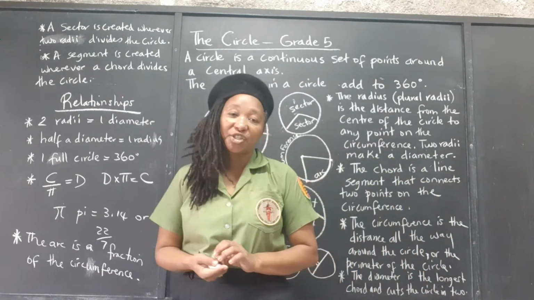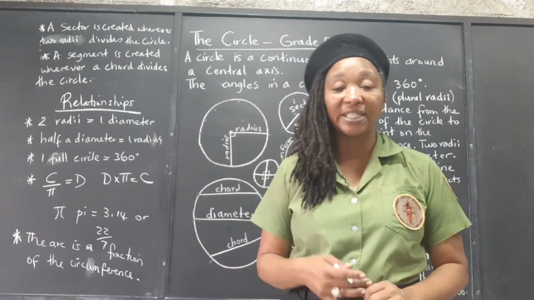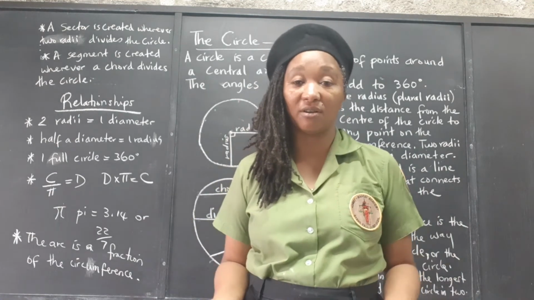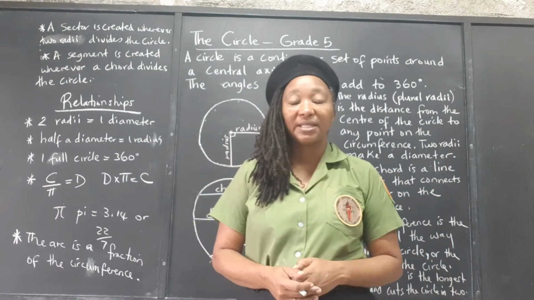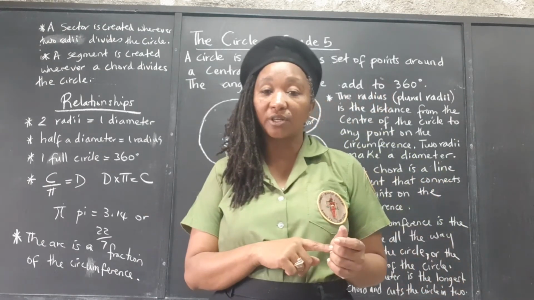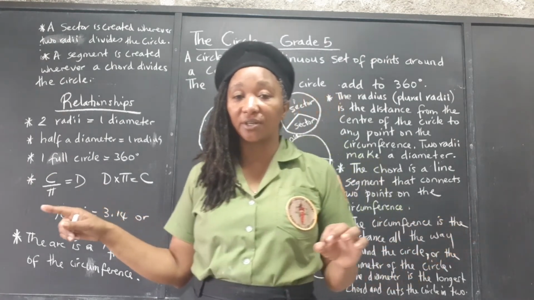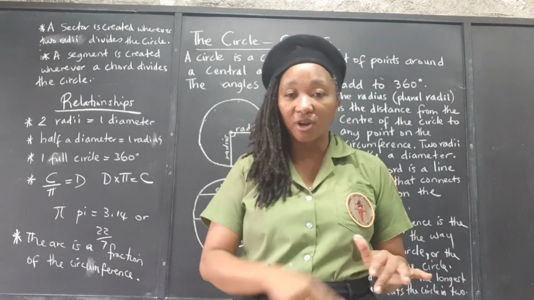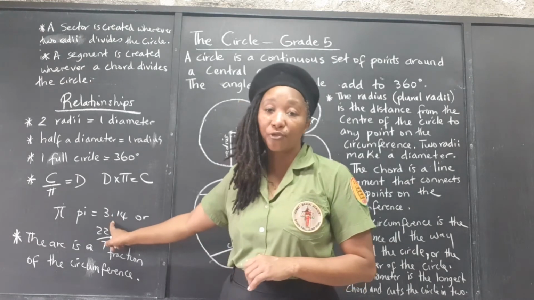So mathematicians discovered, after doing many experiments, that there is a special relationship between the diameter and the circumference of any circle, of all circles. They realized by doing measurements that if they took the measurement along the diameter, from one end of the circle across the longest chord, the longest distance across the circle, and then got the measurement for the circumference and divided those, they always ended up with this number, 3.14.